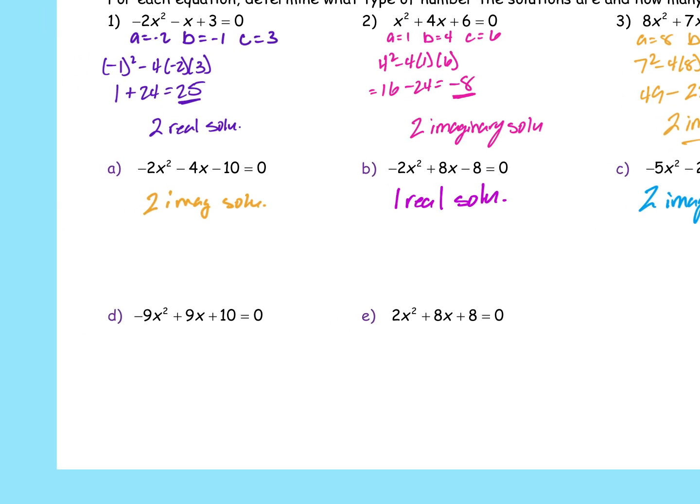And then D is, what is D? 2 real solutions. And E is 1 real solution. Is there any of them you need me to go over? Anybody? Got them all right? Good job. Okay. So the next page.